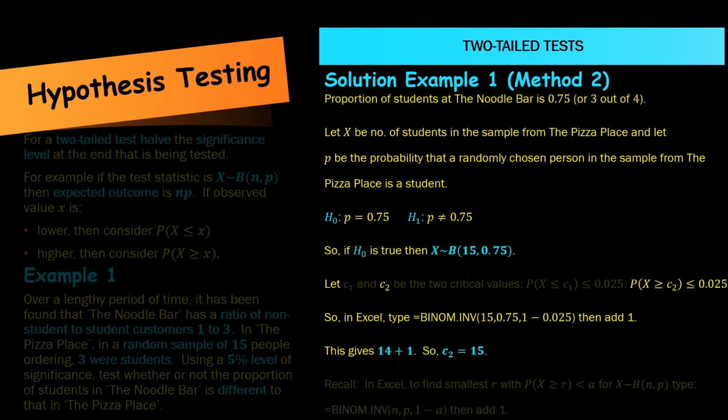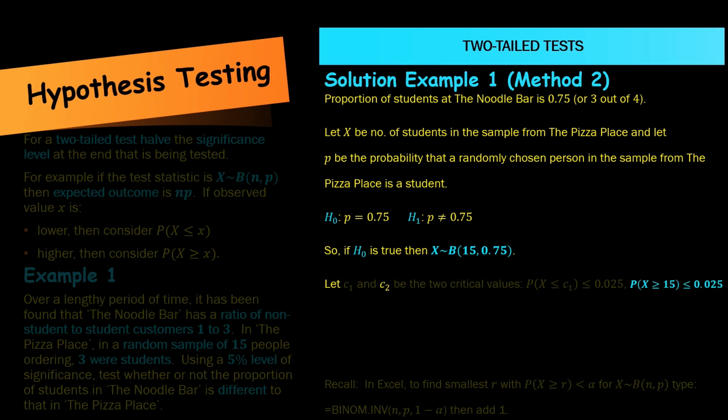So C2 equals 15. So the probability that x is greater than or equal to 15 is less than or equal to 0.025. And 15 is the smallest value which satisfies this.